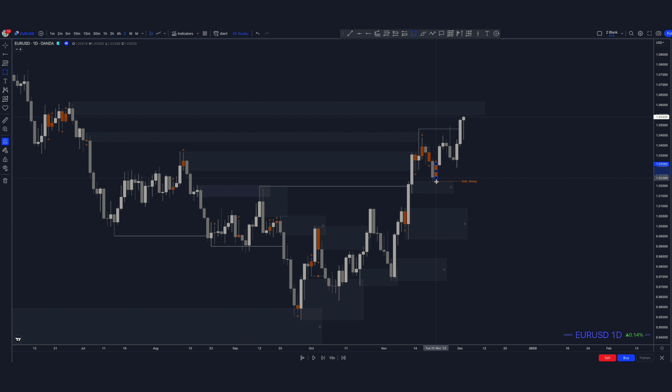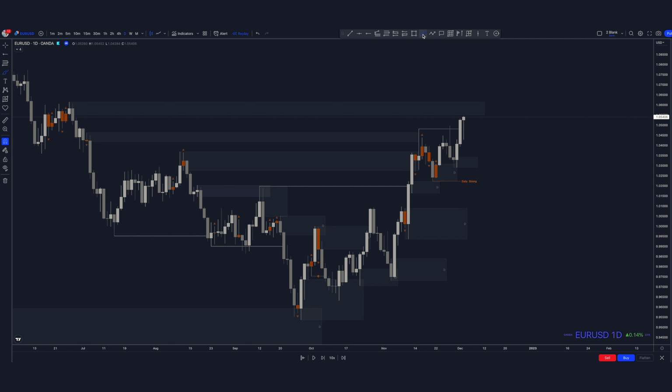Okay, again, we had this. We can mark this as our new demand chain, because price came here to mitigate this, and we had that. And again, we had a small mitigation here, but I would probably just mark this low part, instead of the whole candle, because it already mitigated.